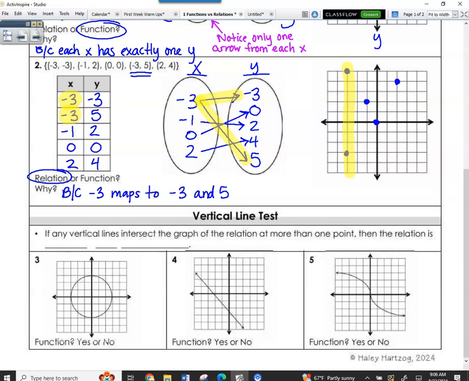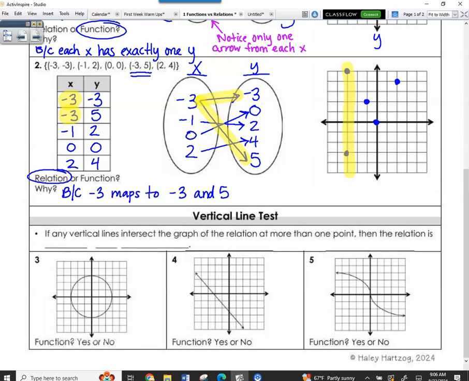If it hits any vertical line, and when we say vertical line, we just mean like take your eyes and visually scan it. Okay? So if it hits any vertical line in more than one spot, it's failing the vertical line test, which means there was an input that got assigned to multiple outputs, and that's a problem.